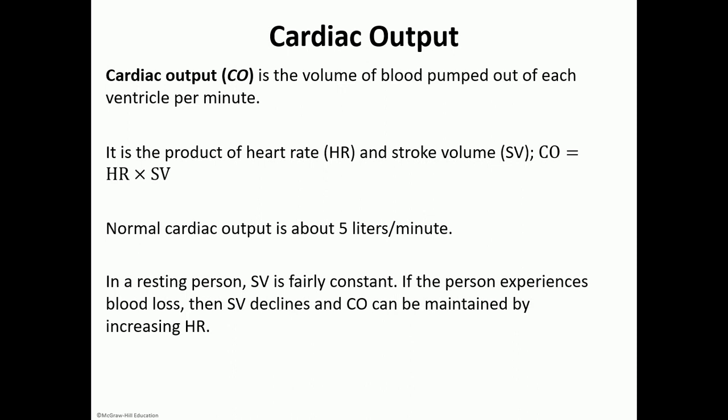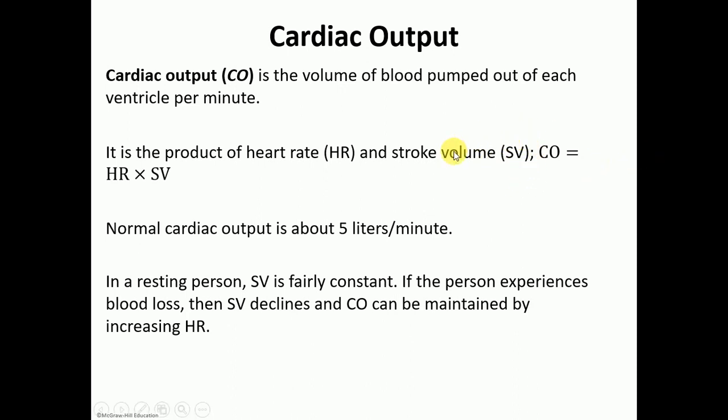If for whatever reason things change, like the heart rate goes up or the stroke volume decreases, that could potentially change your cardiac output. So let's take a scenario: if somebody is bleeding, that will definitely decrease their stroke volume.